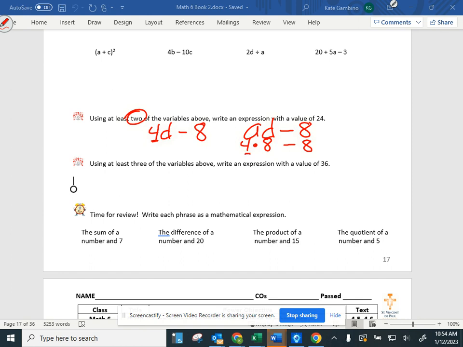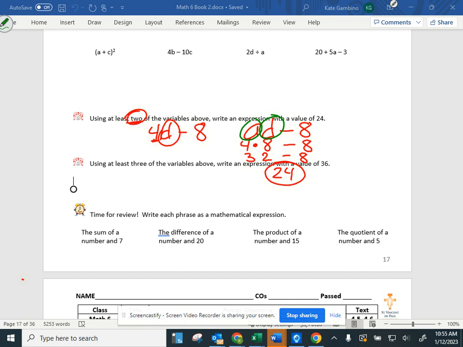So 4 times 8 is 32, minus 8 is 24. That works. So you want to make sure that you have at least two variables. So this first way that she said it didn't work because there was only one variable. But the second way worked because we had two variables. You need to make sure you have at least two variables.